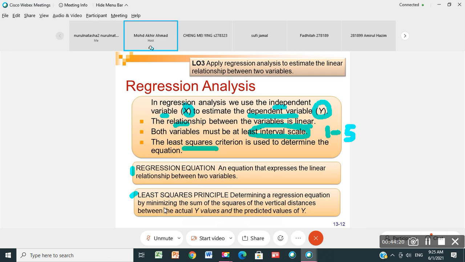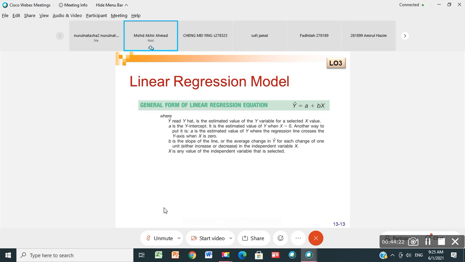If we see the example, this one they call the linear regression model. So this one is the linear regression model. Y hat equal to a plus b x.